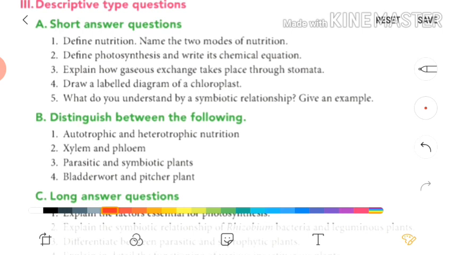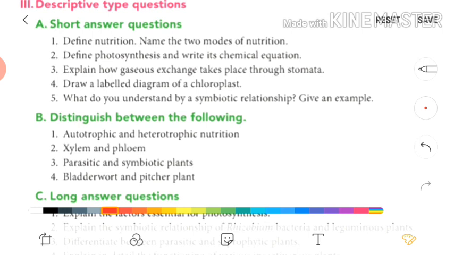Now distinguish. The first one is autotrophic and heterotrophic. Write down definitions and examples of both. Then xylem and phloem, write down the definition of both.